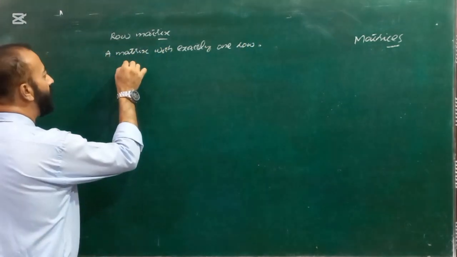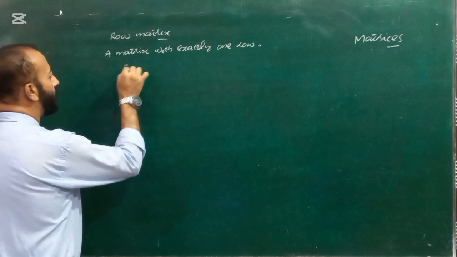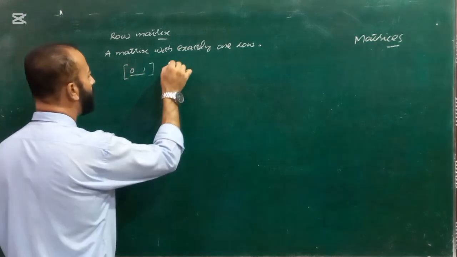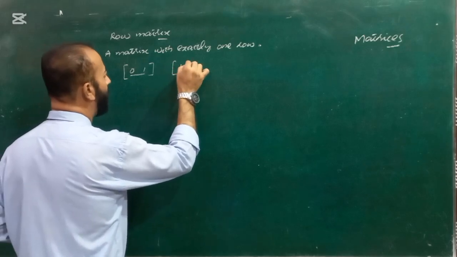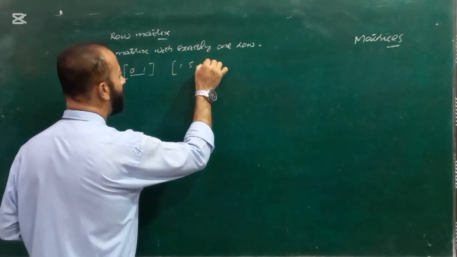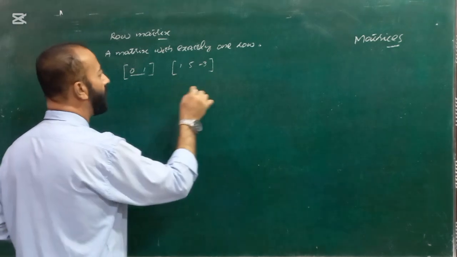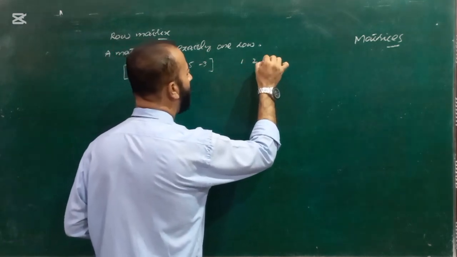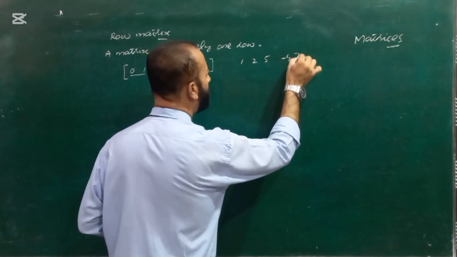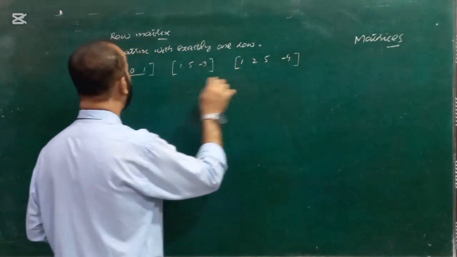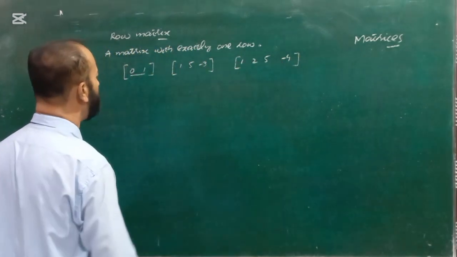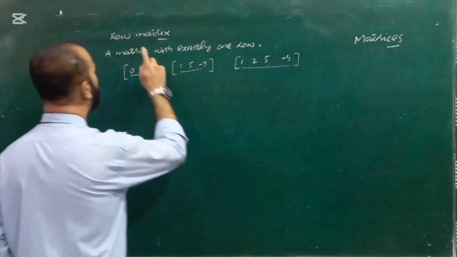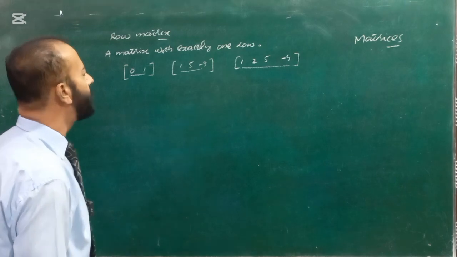For example, here are some examples. So 0, 1, you can see only one row. Another example is 1, 5, -3. And other example may be 1, 2, 5, -4. So if you can see all these 3 examples, the matrix is having one row only. So that's why this is called a row matrix.